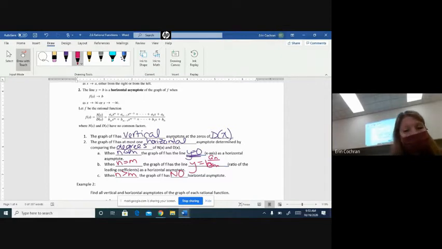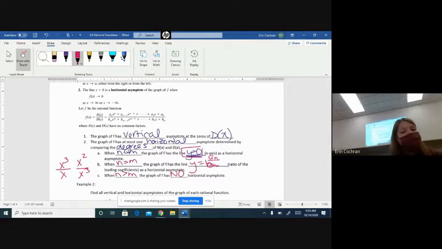So like if I had x to the third over x, there would be no horizontal asymptote. If we had x squared over x cubed, we will have a horizontal asymptote at y equals 0, so the x-axis.